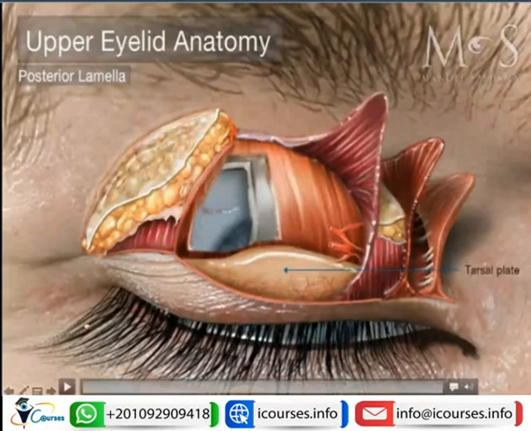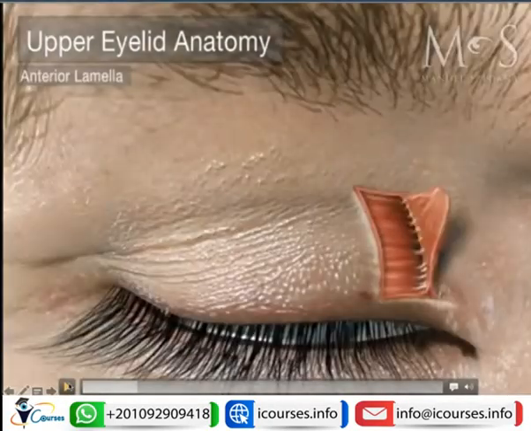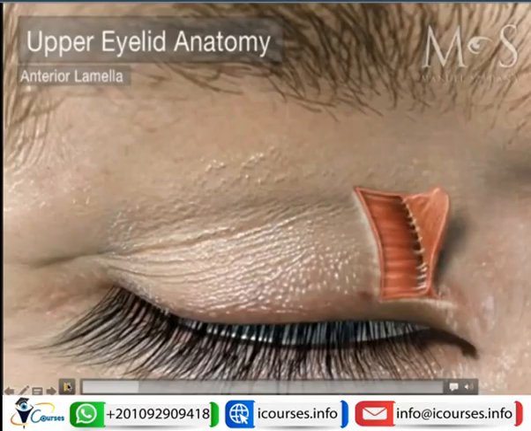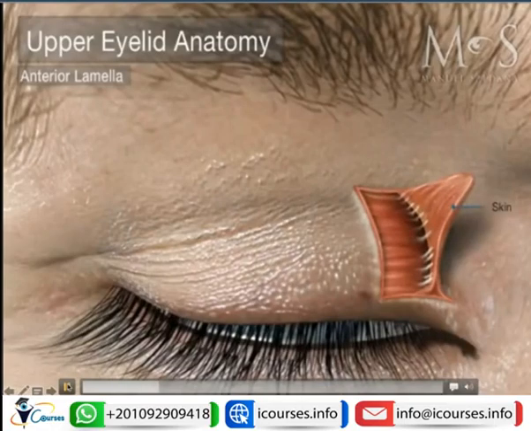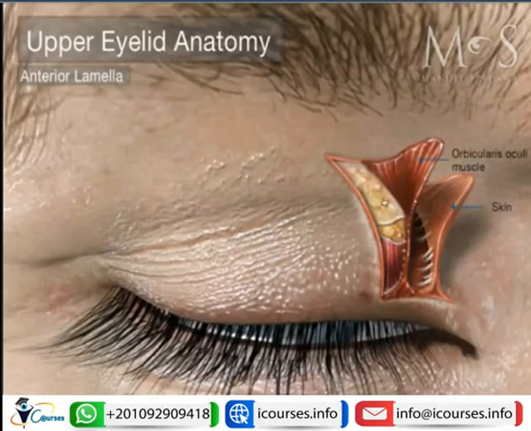So let's have more illustration about the anatomy of the eyelid. The first layer we remove will be the skin, and just below the skin is the subcutaneous tissue or subcutaneous space. Then we incise the muscle, the palpebral part of the orbicularis oculi muscle.